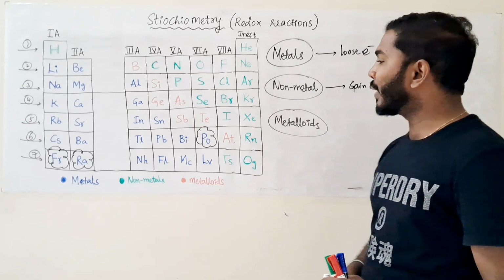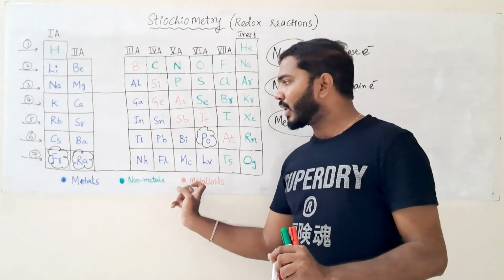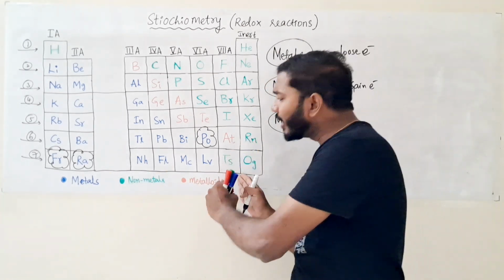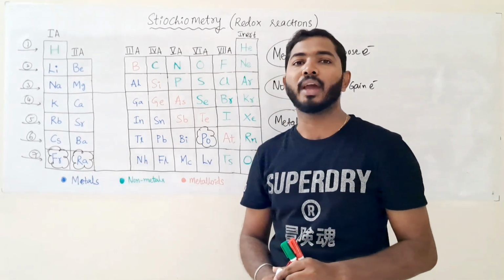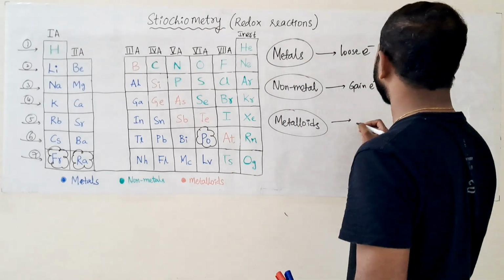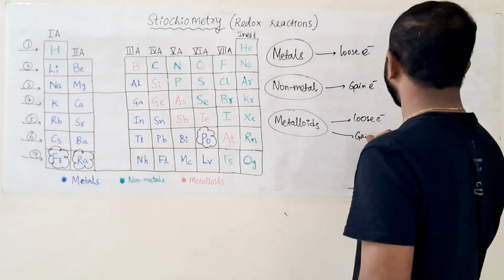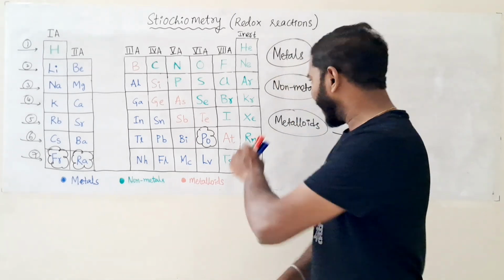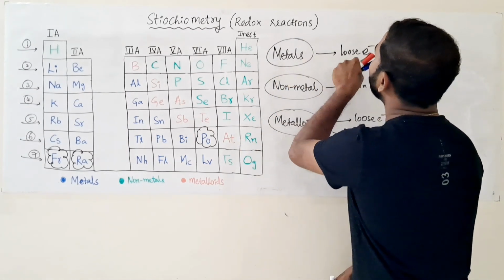The properties of metalloids will be in between metals and non-metals, or metalloids will show metallic and non-metallic characteristics. So depending upon the situation, the metalloid can either lose or gain electrons. Yes, this is possible. Non-metals have a tendency to gain, metals have a tendency to lose.